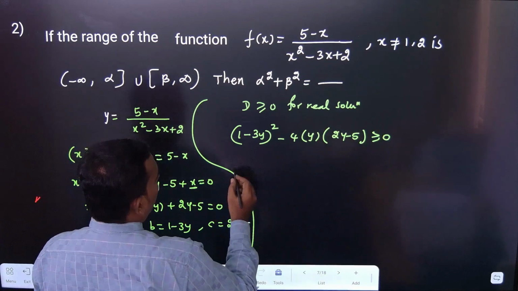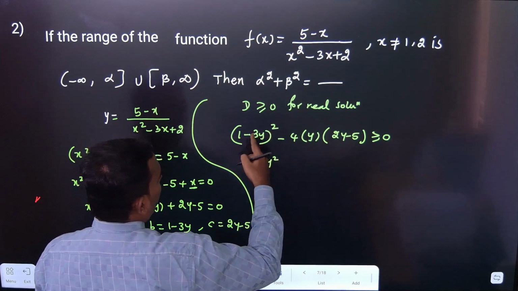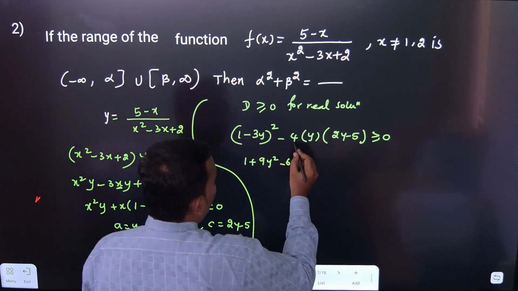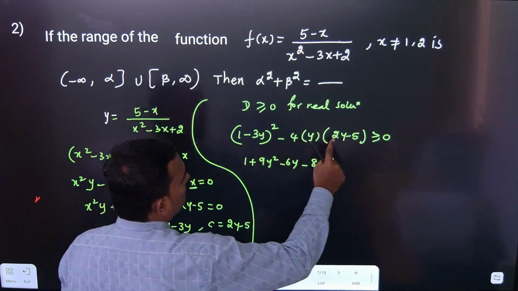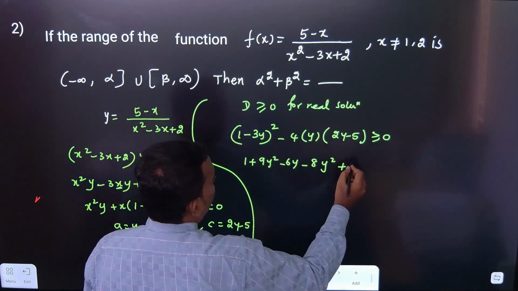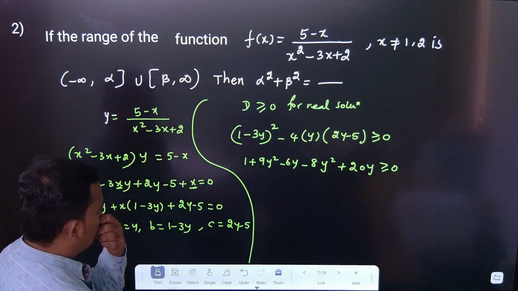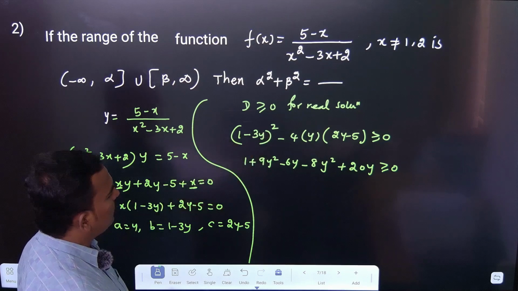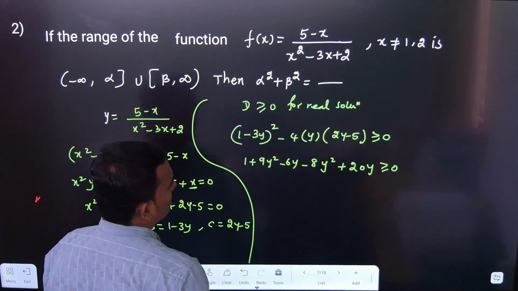Now you can expand this: 1 plus 9y square minus 6y. Now you have to multiply 4 into 2, that is minus 8y square, then minus into minus plus 20y, is greater than or equal to 0. Clear? 1 plus 9y square minus 6y minus 8y square plus 20y.